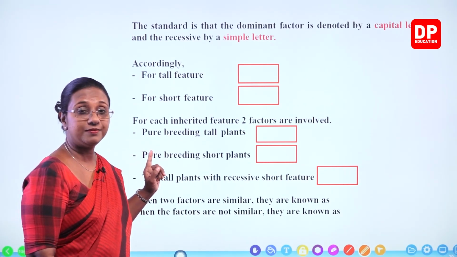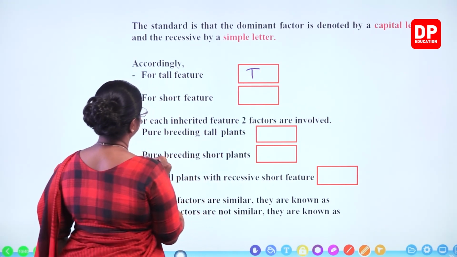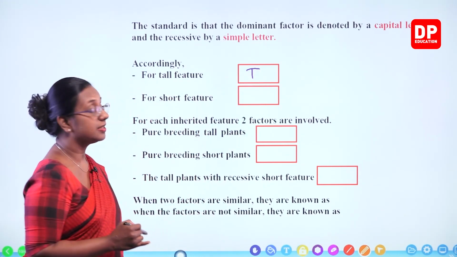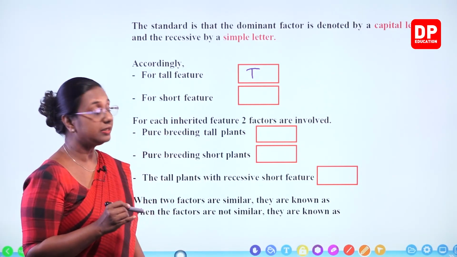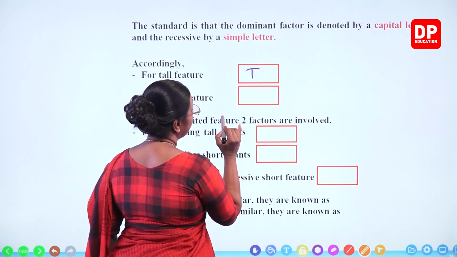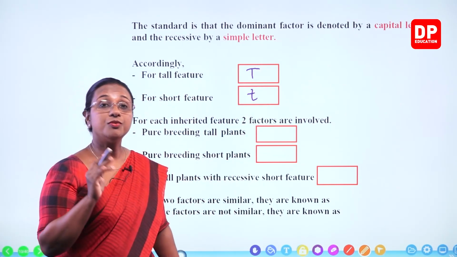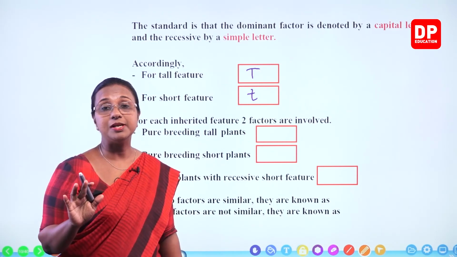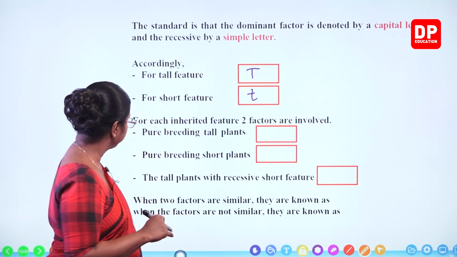So what was the letter we used? The first letter of tall, capital T. And for short feature, we use the simple letter of the dominant character. So since this is capital T, short will be simple t. So from that itself, you will be able to understand what is dominant and what is recessive.